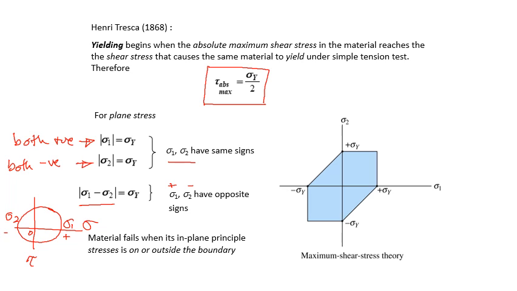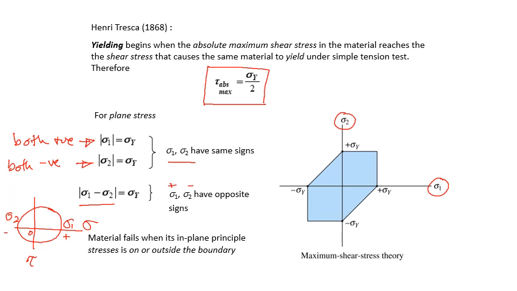Now, if you have sigma 1 and sigma 2, what we do then is we plot on a graph of sigma 1 against sigma 2. Okay, the horizontal axis is sigma 1, the vertical axis is sigma 2. And we plot the location of the yield stresses. So in most ductile materials, they have the same yield stress in tension and compression.